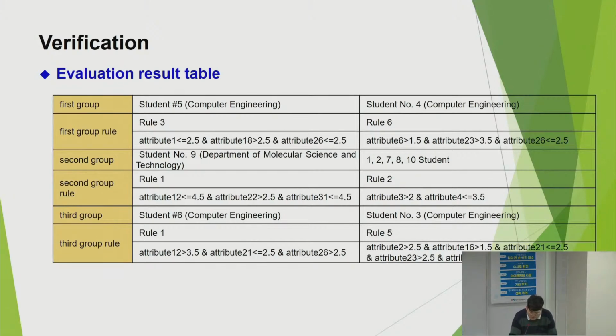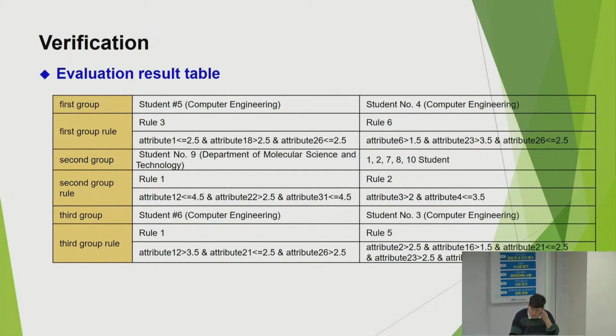As a result of the verification, the graduate students mapped to the first group among the 3 personality groups were mapped to the 5th student out of 10 through the 3rd rule through the 6th rule, and to the 1st student out of 10.